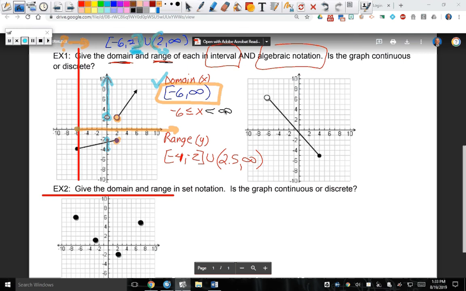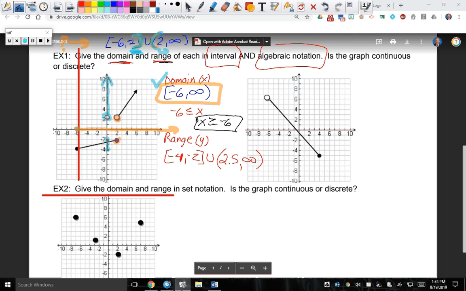She's also correct that you could write less than infinity because you'll never touch it. But right here on this less than infinity, you don't need it. And please don't write it. I want you just to write this right here. You could say -6 is less than or equal to x. Or you could say x's that are greater than or equal to -6.